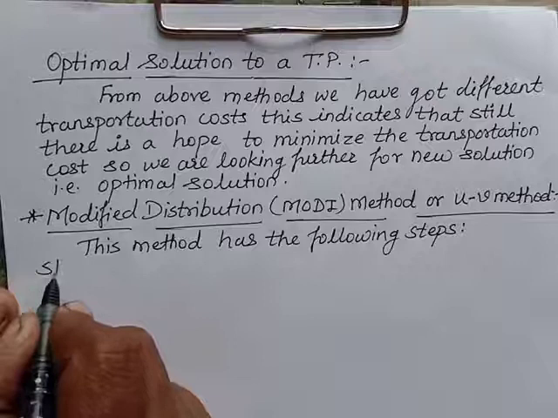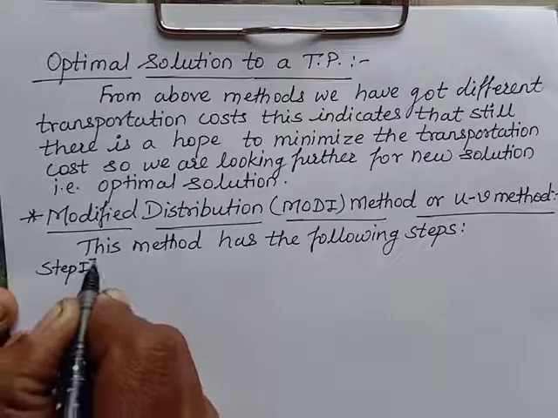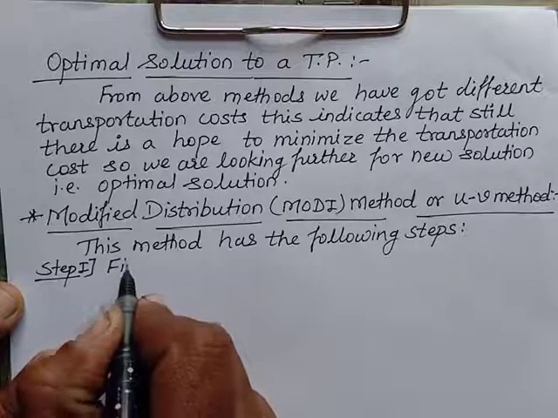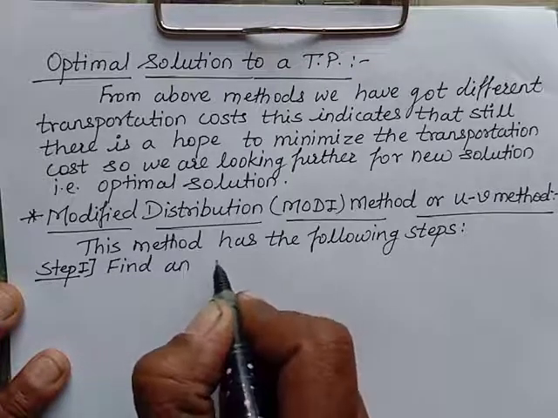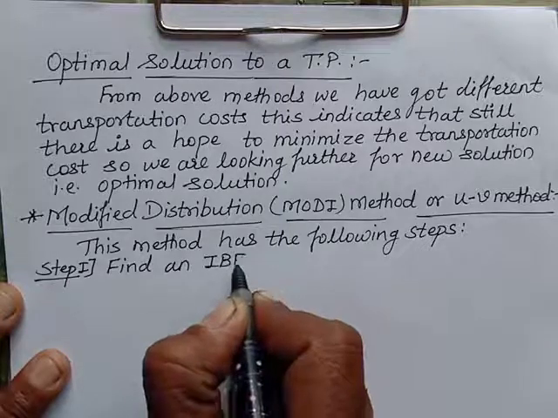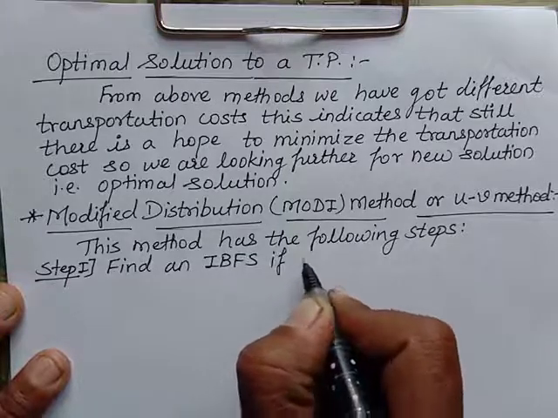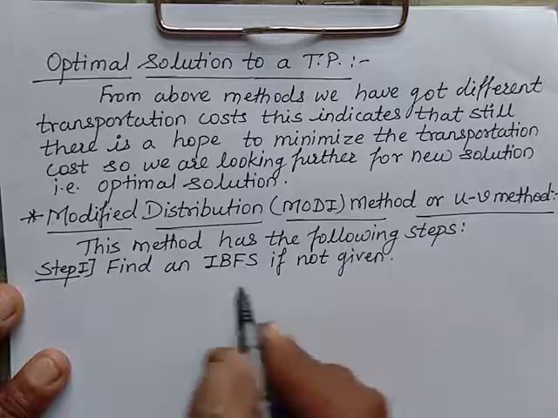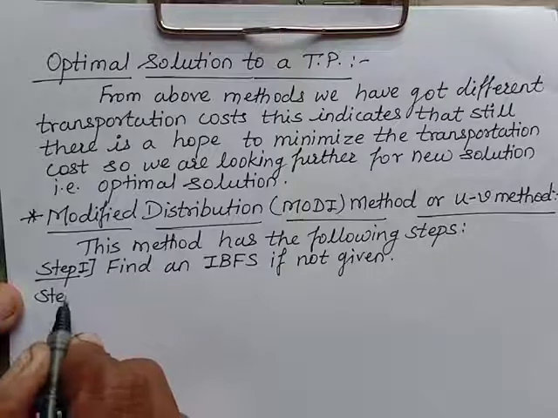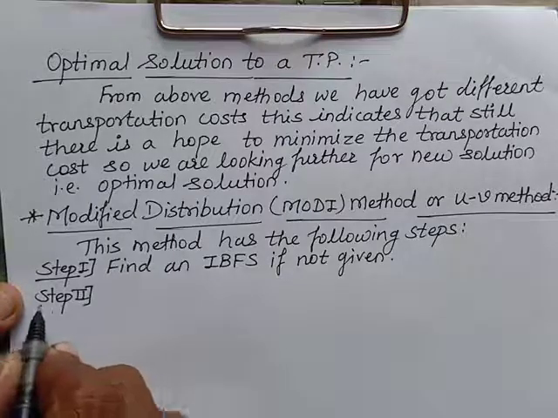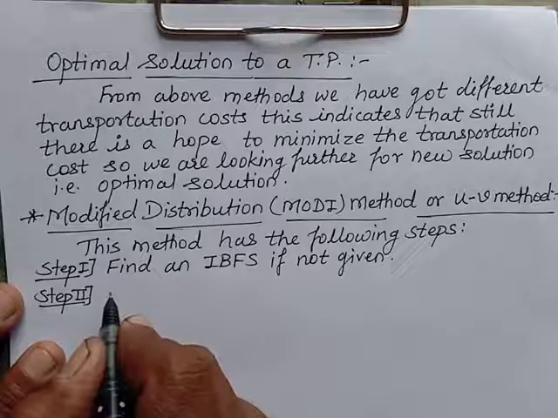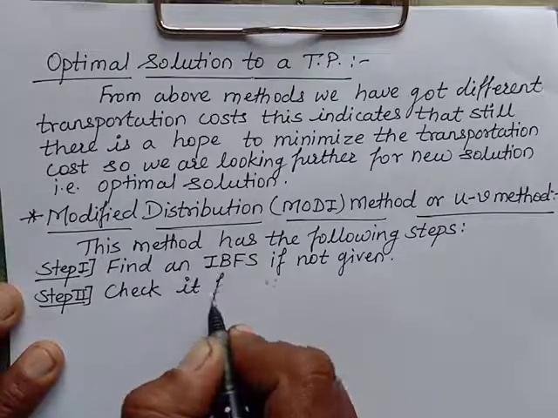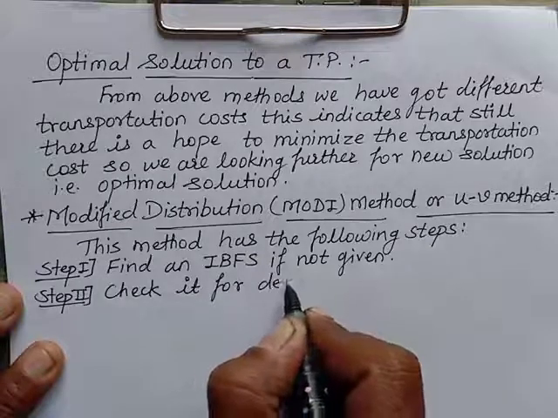So step 1, find an initial basic feasible solution if not given. Step 2, check it for degeneracy.